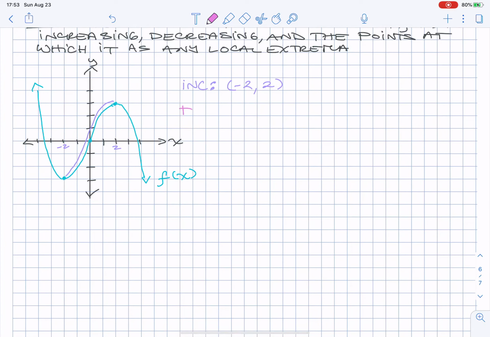What about decreasing? So going downhill in reading direction. Looks like it's going downhill here, and it's also going downhill here. So it starts all the way to the left, which is negative infinity, comes to -2, union, then it starts again at 2 and goes all the way off to positive infinity. So that's where it's going downhill in reading direction.